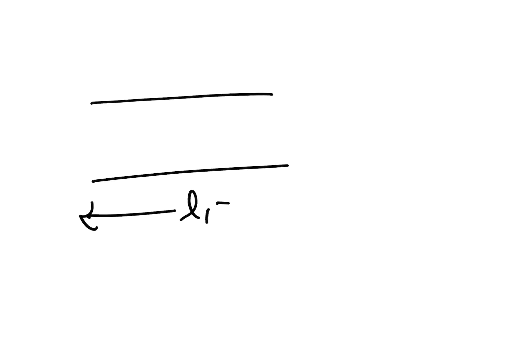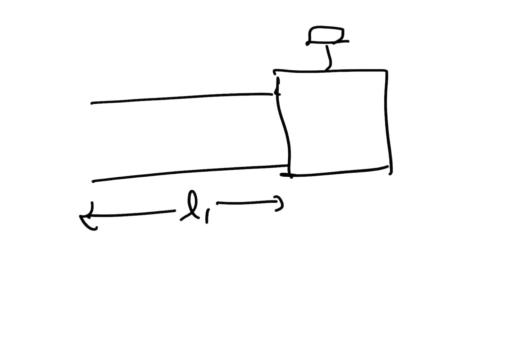It's a sudden loss. Let's say you have a piping system with a pipe that runs for a length L1, and then you have a valve, and then another section which runs for length L2.